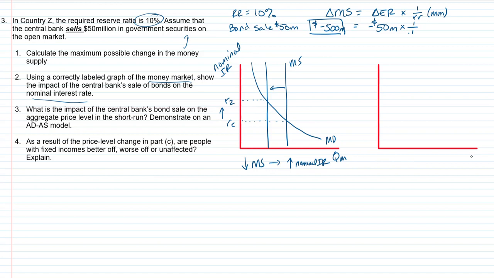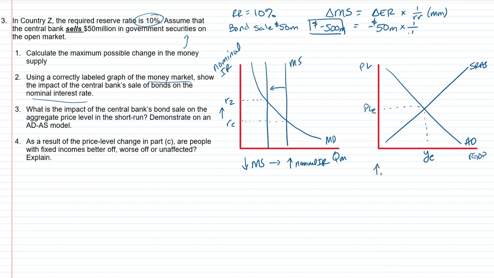So we can come over here and say on an ADAS model we have real GDP versus price level, and we can show a downward sloping aggregate demand versus an upward sloping SRAS, and start this economy at PLE, price level E, and output level E as well.